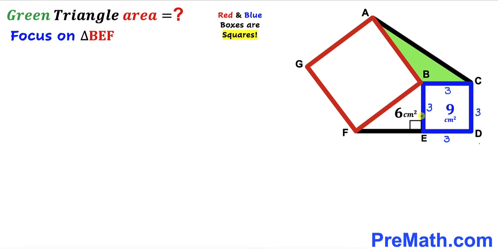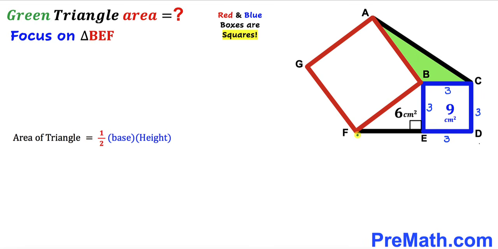Now we focus on the right triangle BEF, whose area is 6 cm², and side BE has length 3. We are going to calculate the length of side FE. Let's recall the area of a triangle formula: area is equal to a half times base times height.